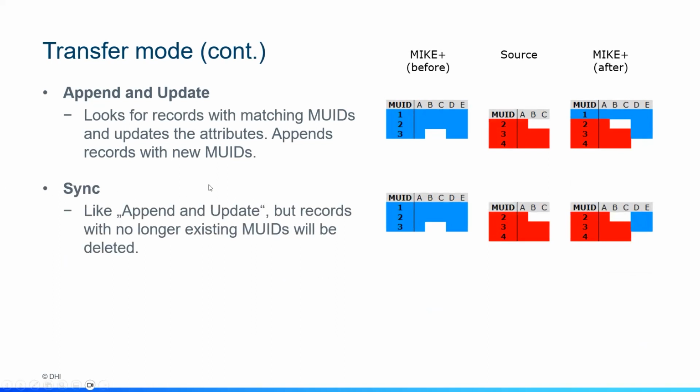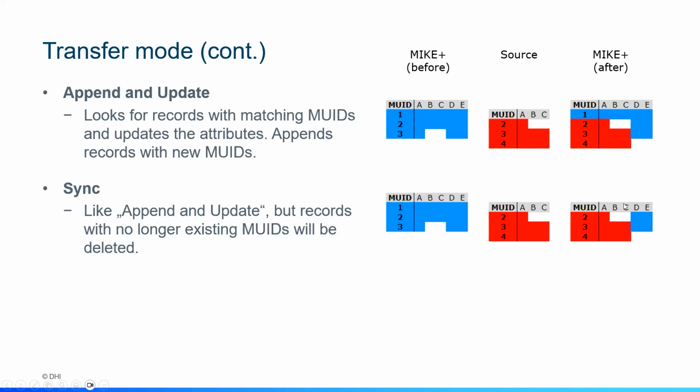Sync is like the above one, like append and update, but it will delete record 1. And this was a way of syncing external data with a Mike Plus database. When you have new data every year, you have deleted some pipe in the external database, and you assume that it shouldn't exist in the model either.